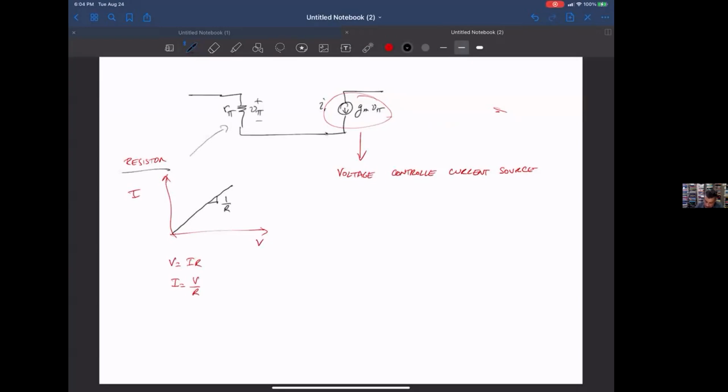So for a current source, the relationship between voltage and current. You're going to see a lot of these voltage versus current curves in this class.